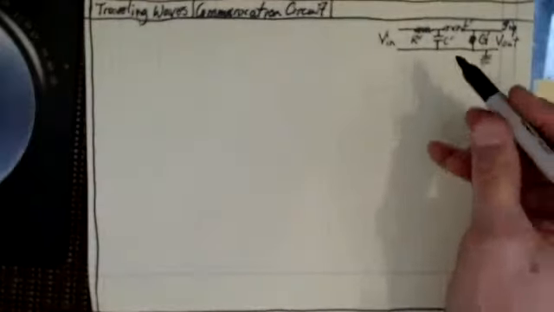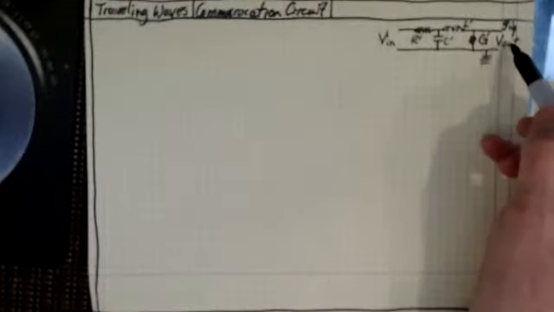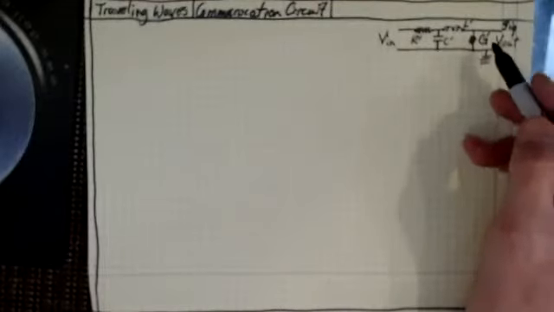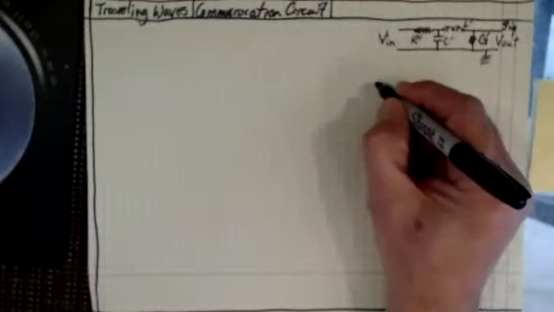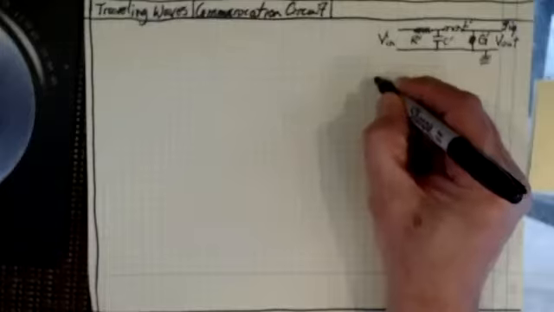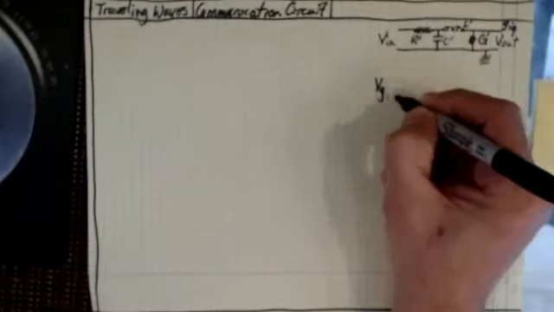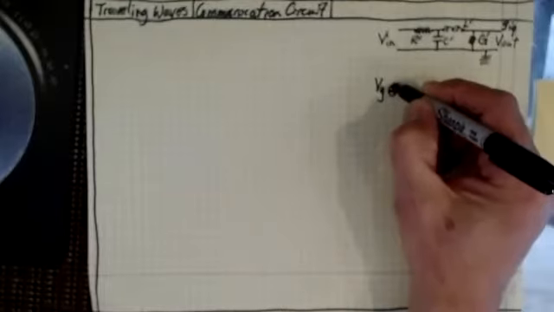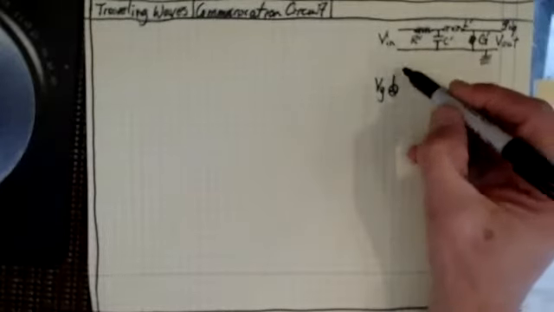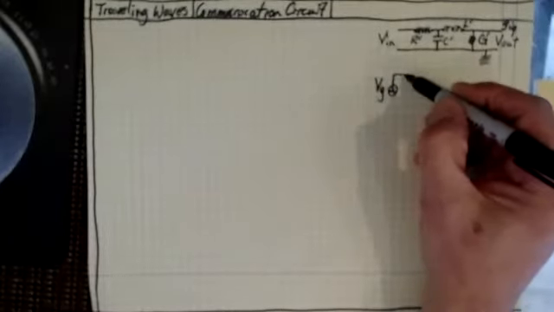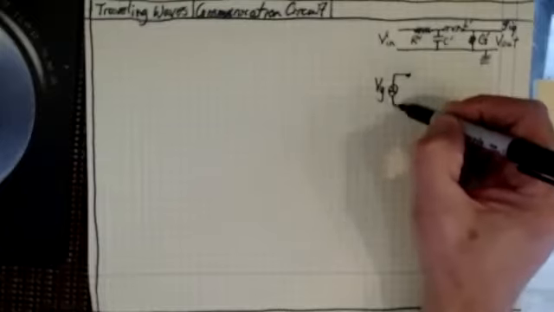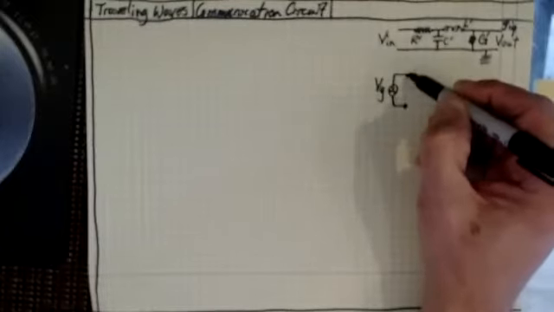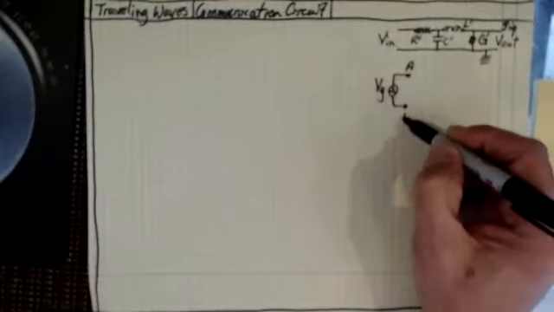Anyway, so let's talk a little bit more about that. If I've got an input here and an output here, then I really have my signal, V sub G, I'm going to call it. Let's say that I've got some type of AC waveform, and then I'm propagating this through my communication system that I've got here. I'm going to call this A prime.